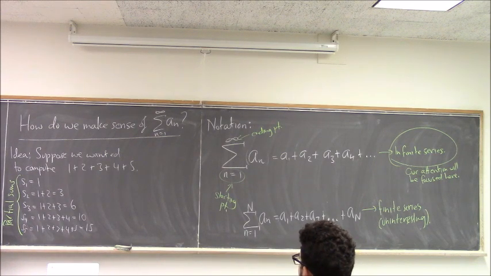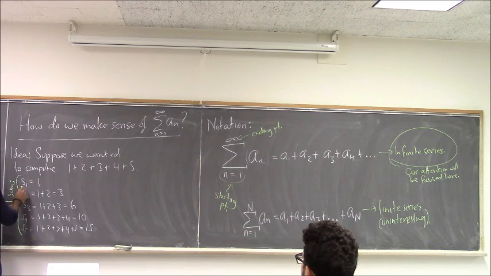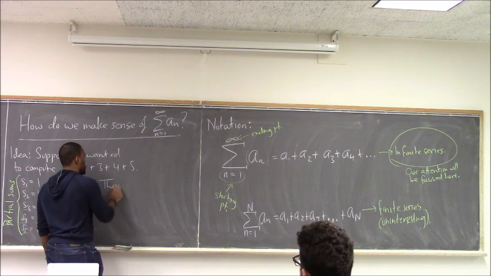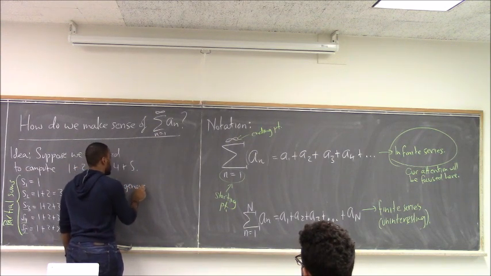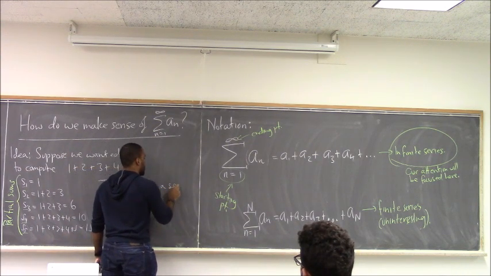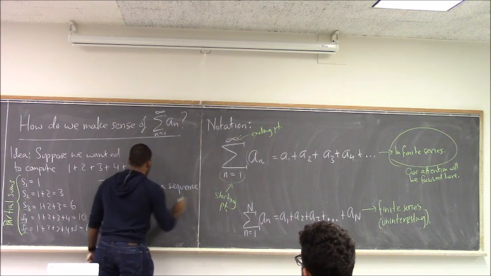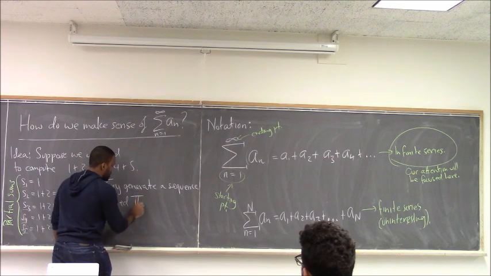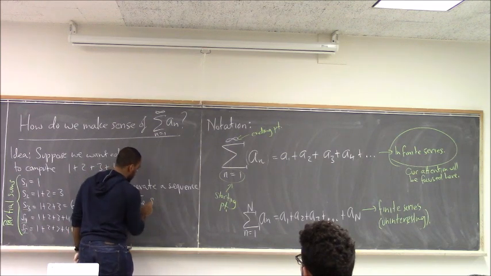One thing I want you to notice is that I was labeling them very suggestively. They generate a sequence. It's called the sequence of partial sums, because you know how math people are naming things.